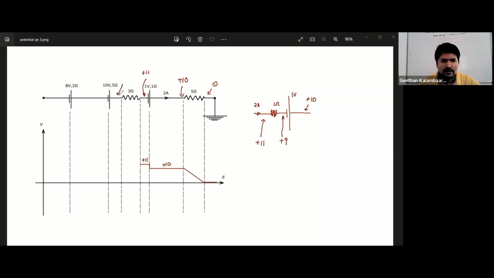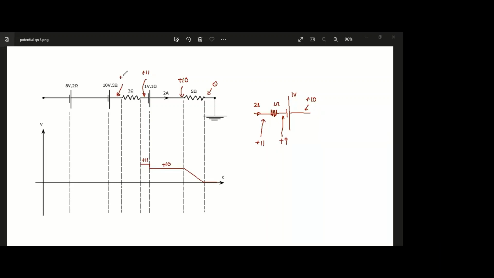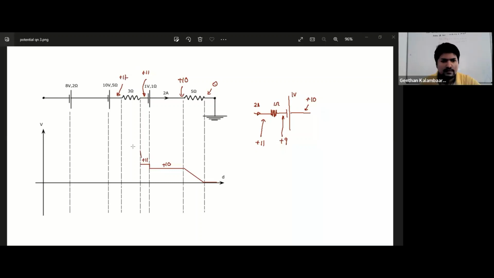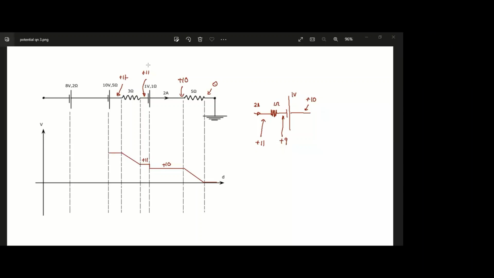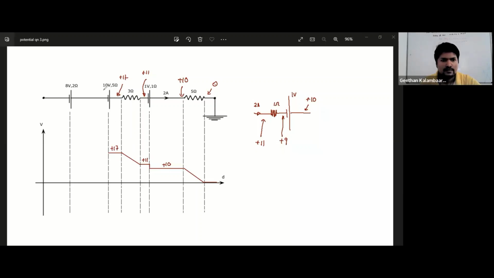So what do you have here? It has to be plus 17. And what do you have here?